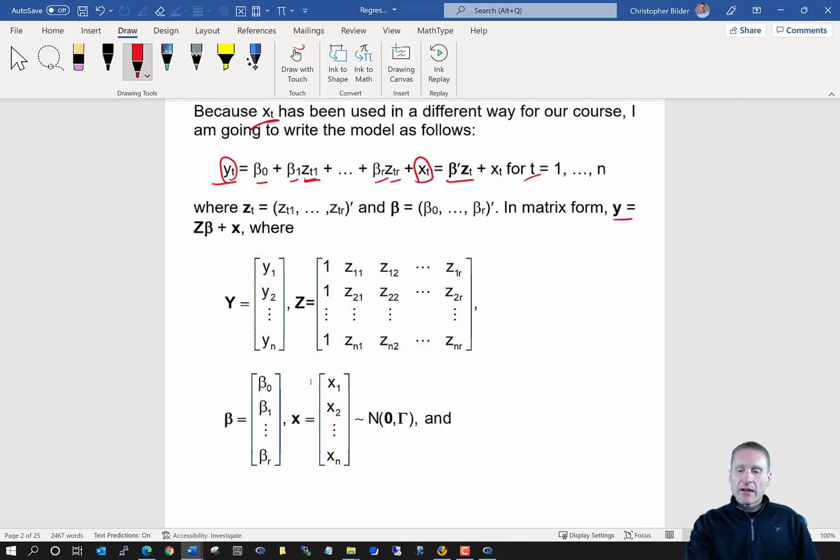We could put everything into a matrix form as well, using just the usual form. Now notice this x here is an n by 1 vector. It's distributed normal. We're going to need to assume normality again to get these parameter estimates, with a mean vector 0 and a covariance matrix of lambda.